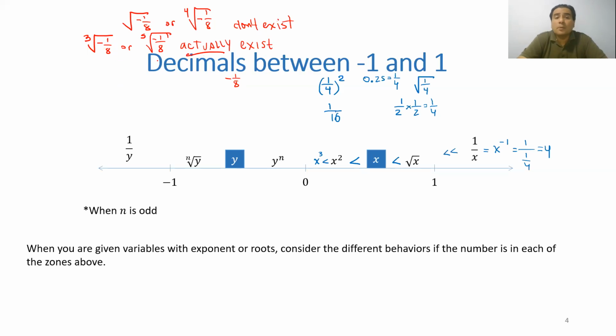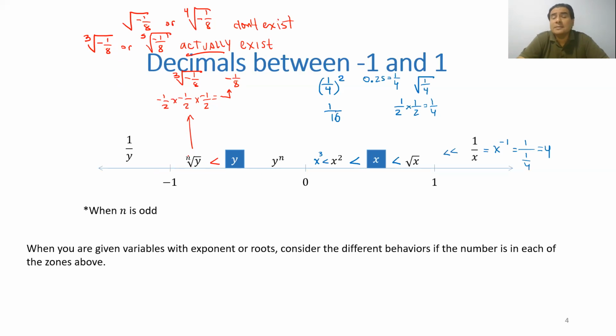Okay, so no problem. So let's talk about, for example, the cube root of -1/8. What number multiplied by itself 3 times gives you -1/8? Actually, -1/2. So that is the value of the cube root of -1/8. -1/2 is a number further to the left of -1/8, so it's less than the original decimal.